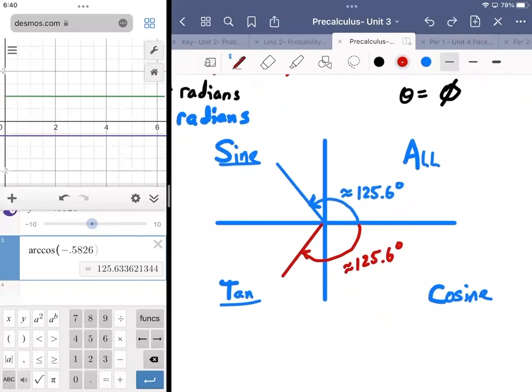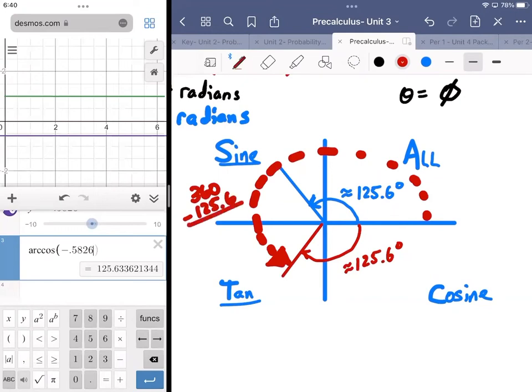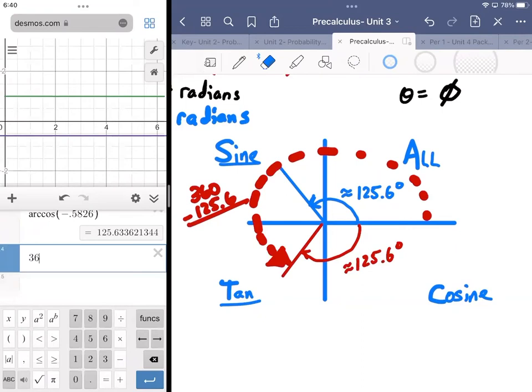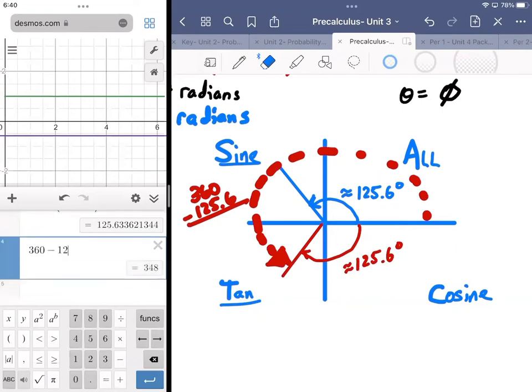So to find this missing angle here, this whole shebang, let me just do it like this. I'm going to do 360 minus 125.6, which is about 234.4.